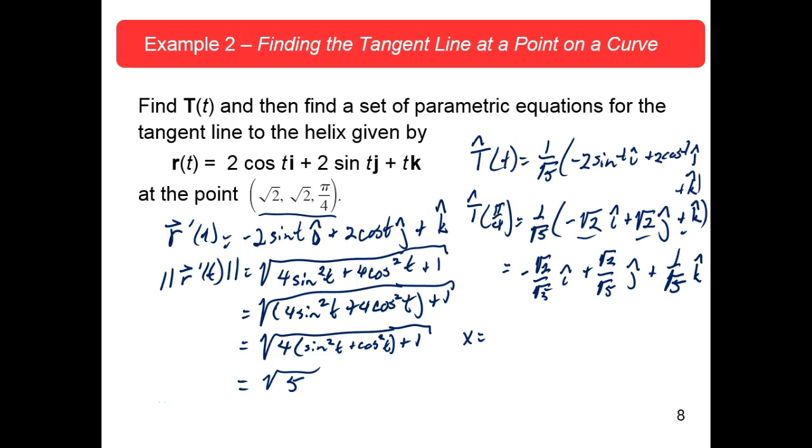Now, I was going to use these numbers, but the direction numbers, it is a lot simpler just to use the root 2.